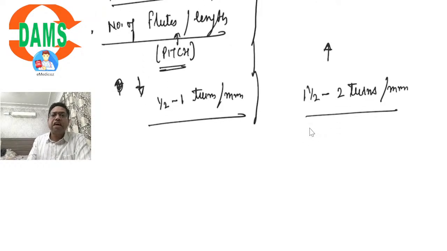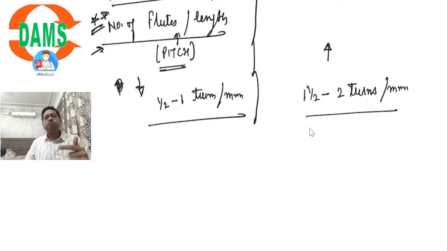So files are more dense instruments. This is the most technical and fundamental difference between a reamer and a file. I have listed several differences, but if you have to specifically point out the single most important difference between a reamer and a file, it would be the number of flutes per unit length. It is more for the files, less for the reamers.